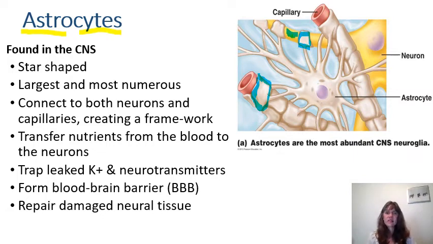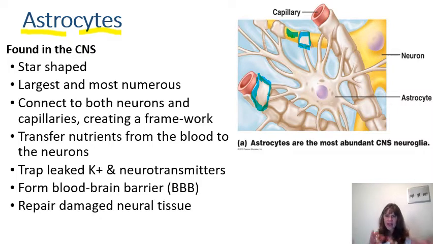By connecting to both the neurons and the capillaries, astrocytes create a framework for the central nervous system, and they also act to transfer nutrients from the bloodstream to the neurons. They can transfer waste products from the neurons back to the capillaries.